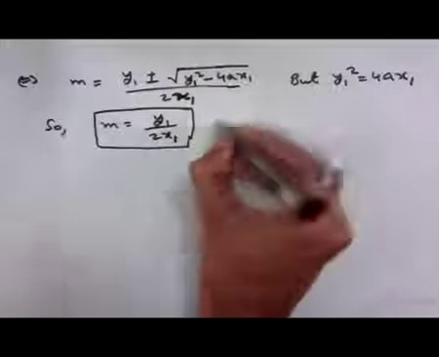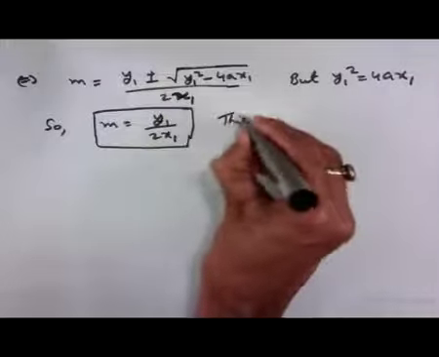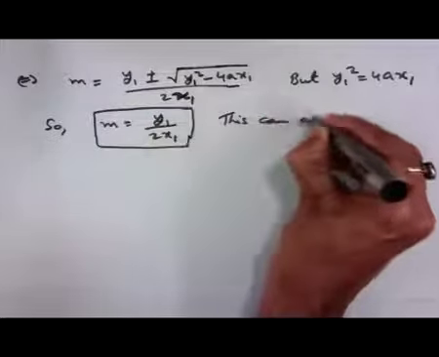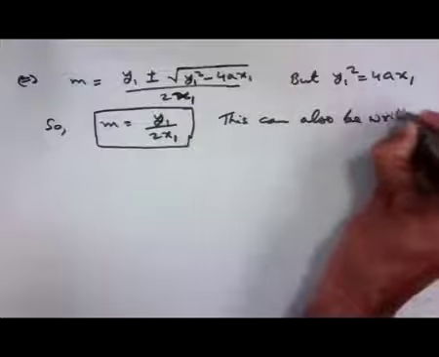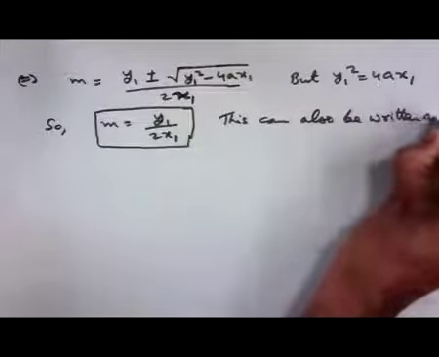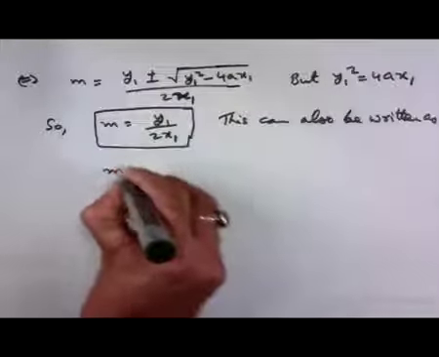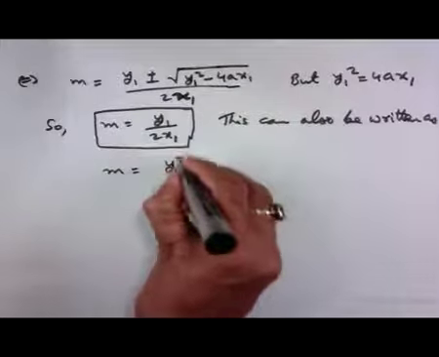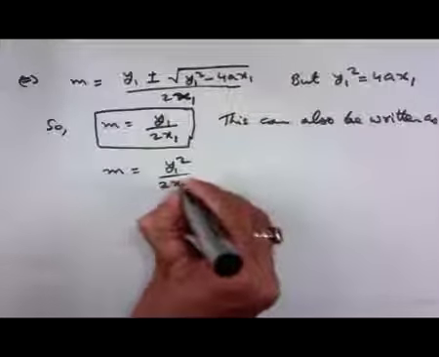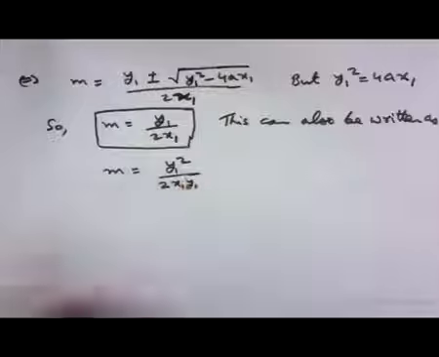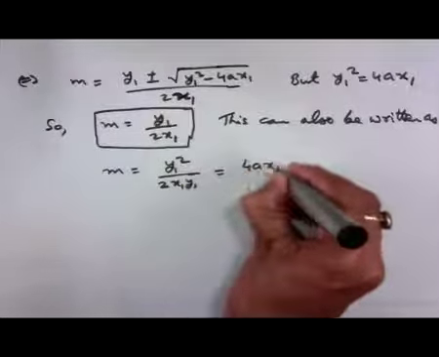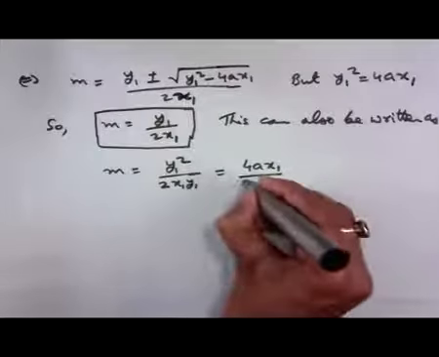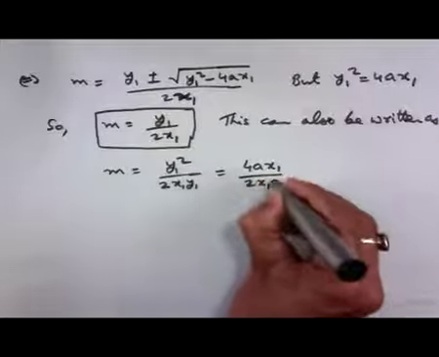This can also be written as m equal to y 1 square by 2 x 1 y 1, but y 1 square is 4 a x 1 divided by 2 x 1 y 1.